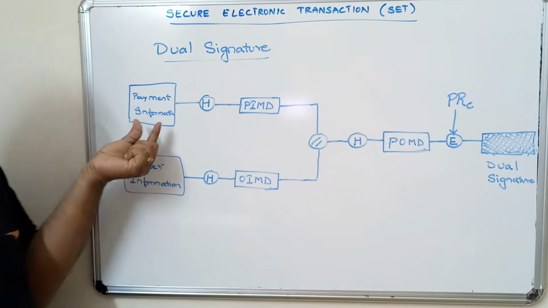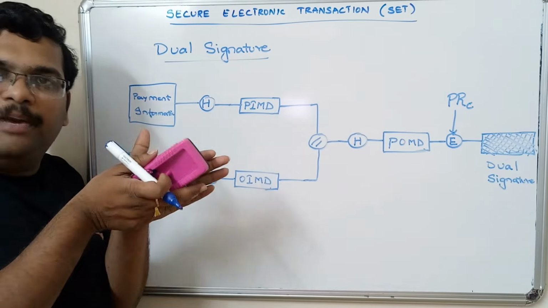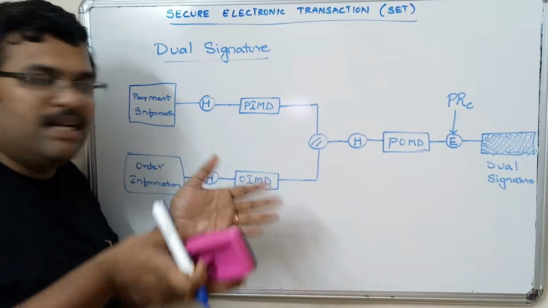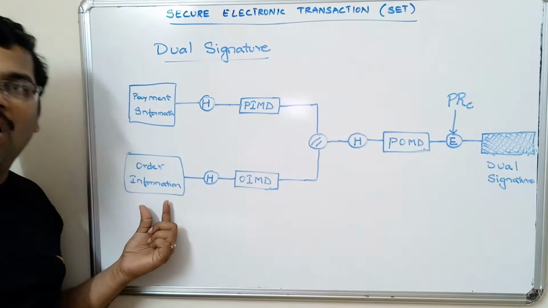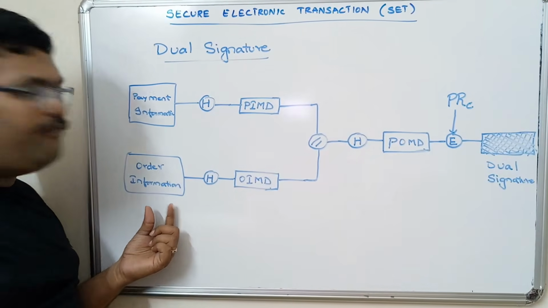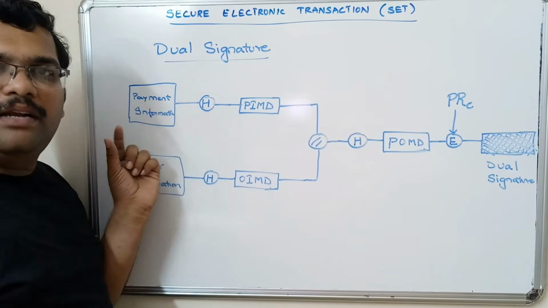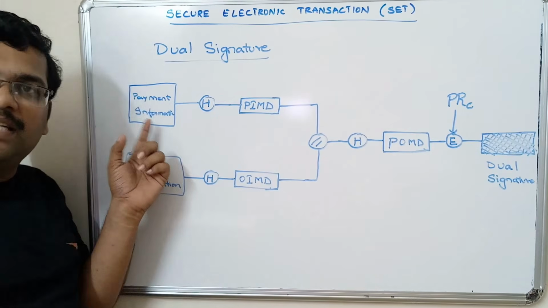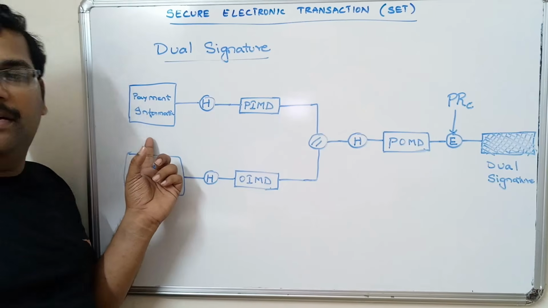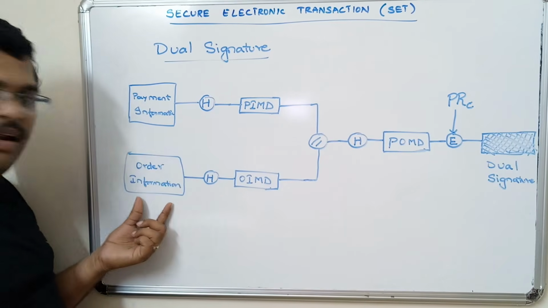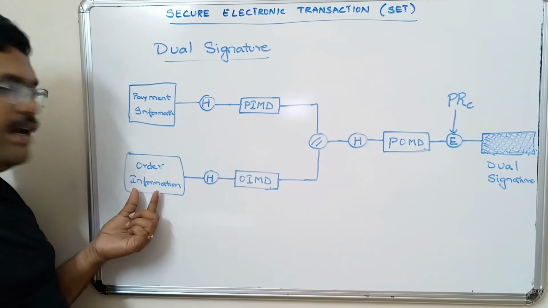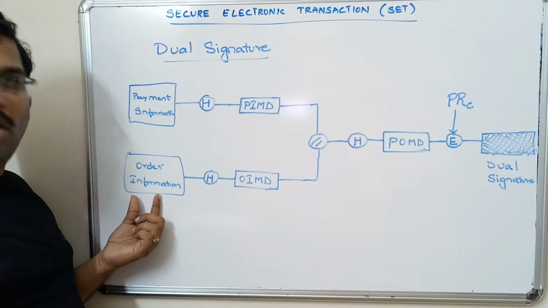So simple. First the information will be divided into two parts: payment information and order information. Payment information means the complete details of the payment, the financial details, and order information is the complete details of our product's order.